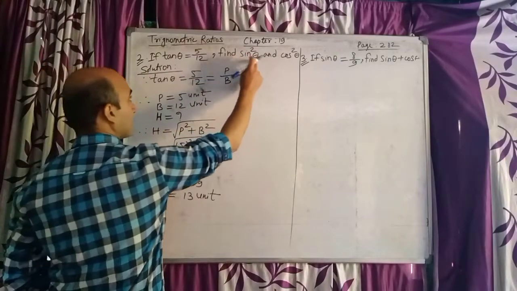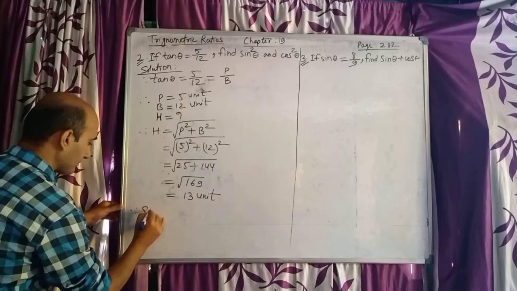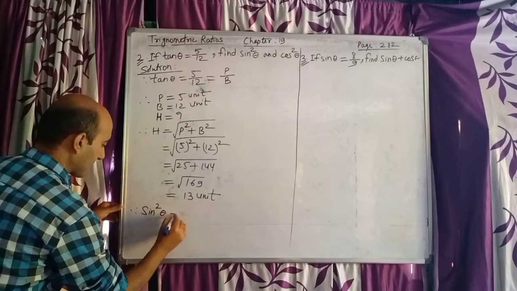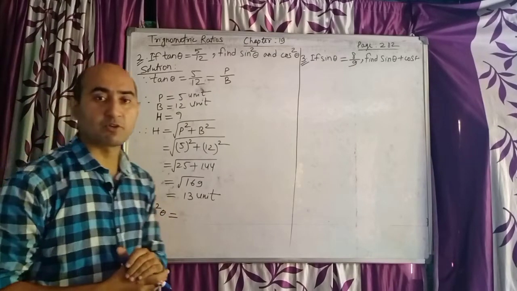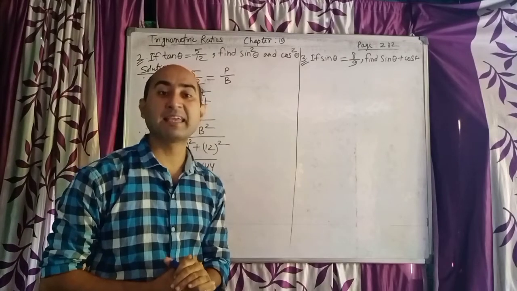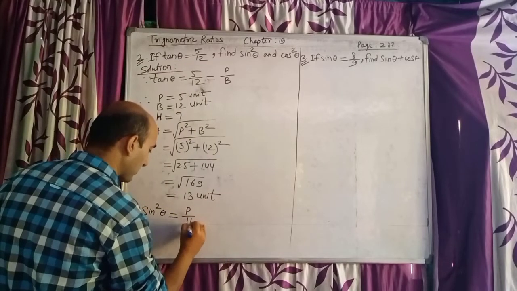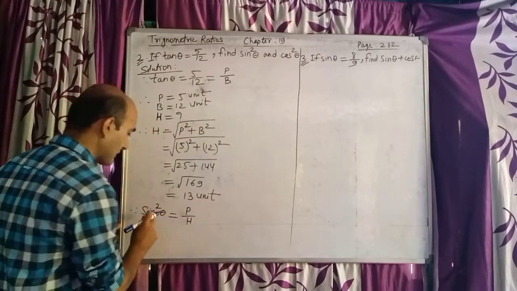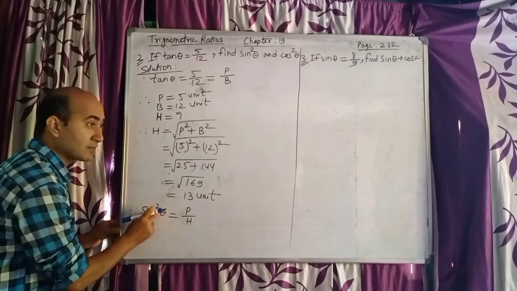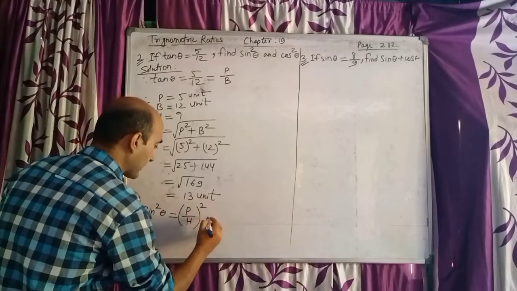So what to find? We have to find the value of sin square theta. Children, the formula of sin theta is p by h, but here sin has a square at the top, so you also have to put square here.